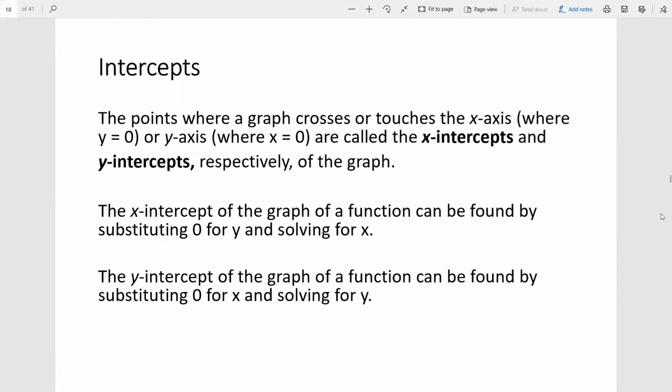Now here are some more definitions that you'll need to understand. The points where a graph crosses or touches the x-axis. Let's just draw the axis of a graph. So where it crosses the x-axis, notice that's where y is 0, or the y-axis where x is equal to 0.